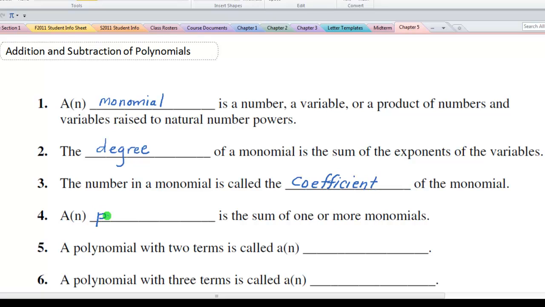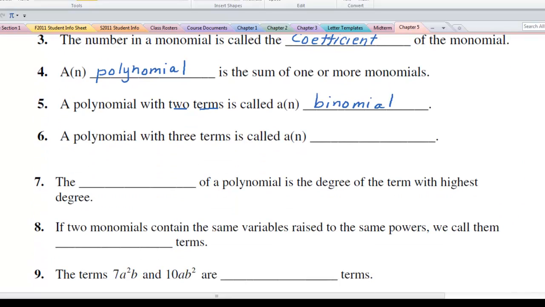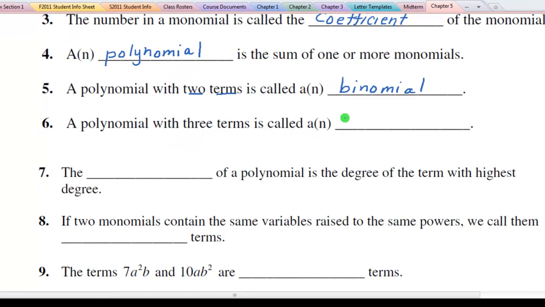A polynomial is the sum of one or more monomials. A polynomial with two terms is called a binomial. A polynomial with three terms is called a trinomial.